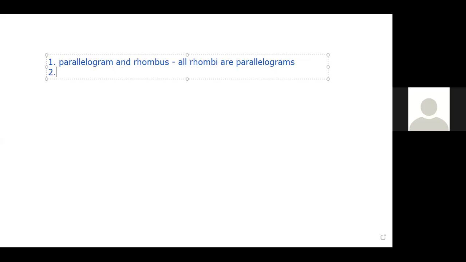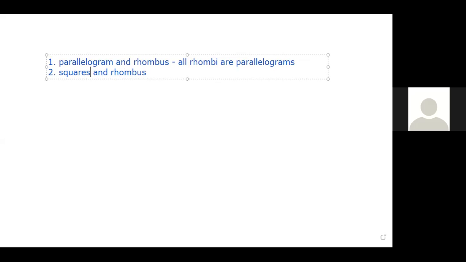So, the first one was parallelogram and rhombus. In this case, all rhombi are parallelograms. Second, we talked about squares and rhombus.